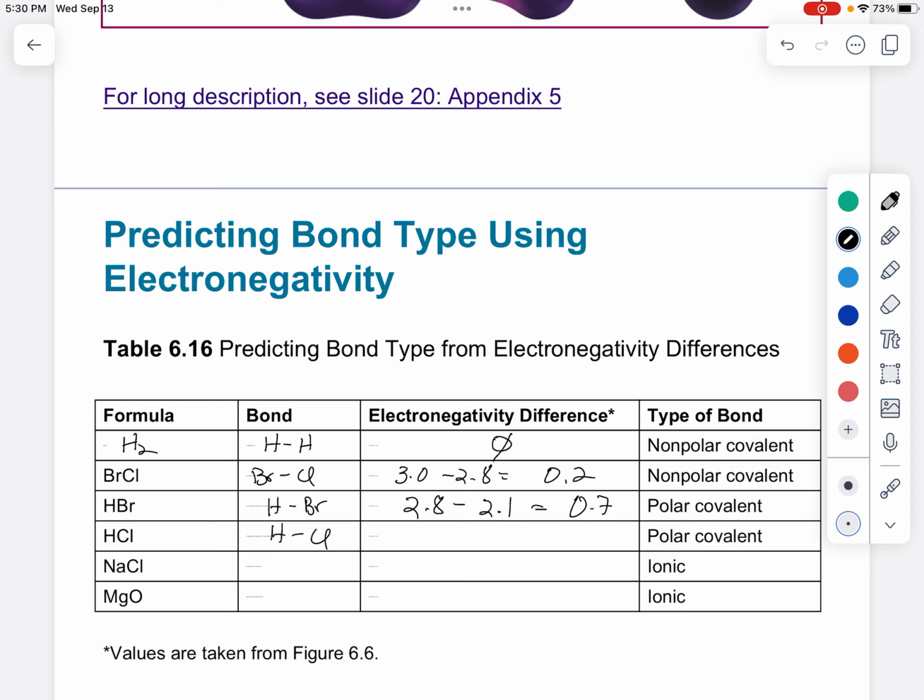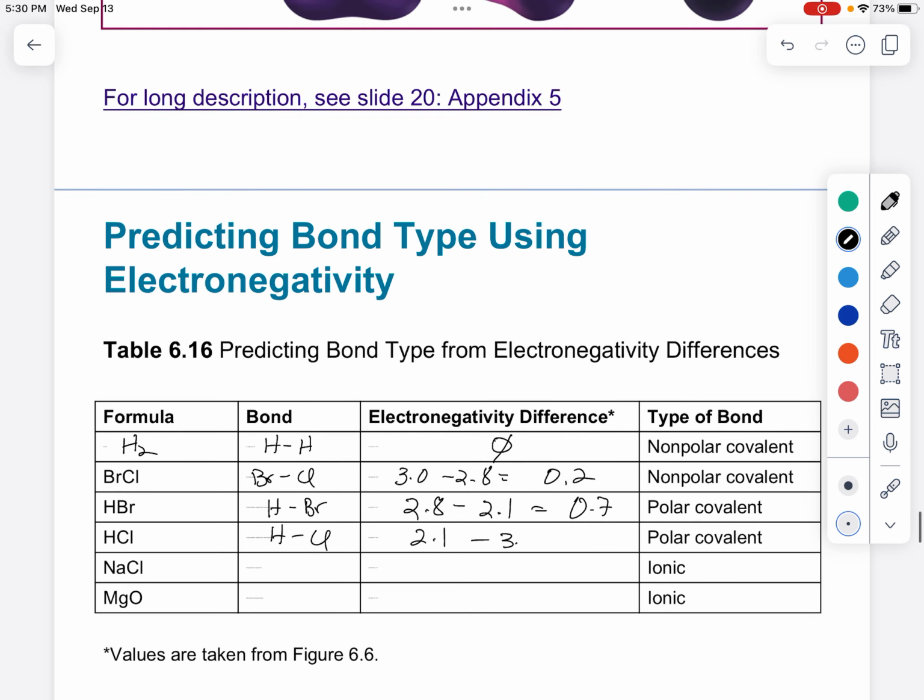HCl. Hydrogen is 2.1, chlorine is 3.0. So this is a polar covalent bond. NaCl would be 3.0 for the chlorine minus 0.9 for the sodium, 2.1.